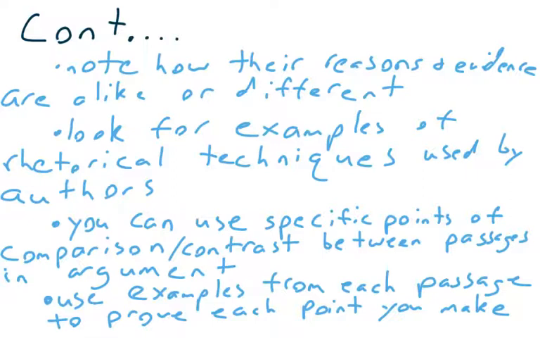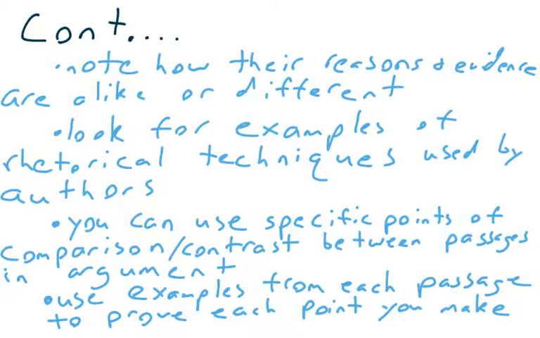Rhetorical techniques are how they say things, how they present their argument, what type of writing style they use. For instance, their tone. Do they sound sarcastic or do they have more of an academic tone? Do they sound really invested in this, or do they come off as aloof, like they don't care? Look for those types of things as you read as well.